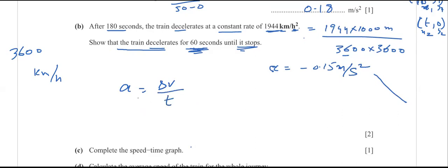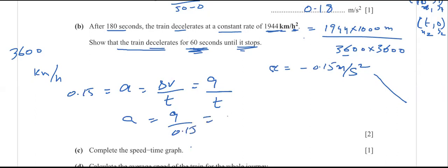So I can do it in this way also. I know that the change of the speed was 9, over the time duration taken, which we don't know, but the acceleration we know was 0.15. So what can be the time here? 9 over 0.15. That will be 60. So it's proved that it took 60 seconds.